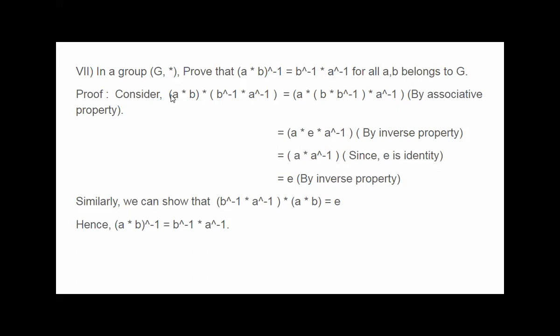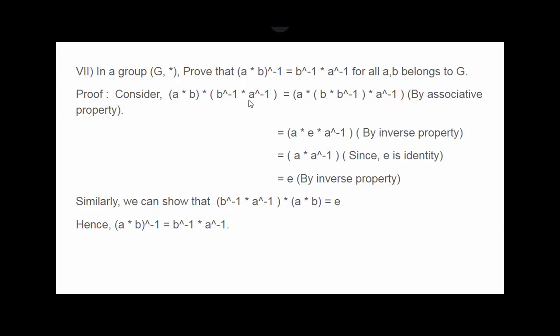Here first we perform multiplication of A with this bracket. A star B inverse, then star A inverse. How did we do this?